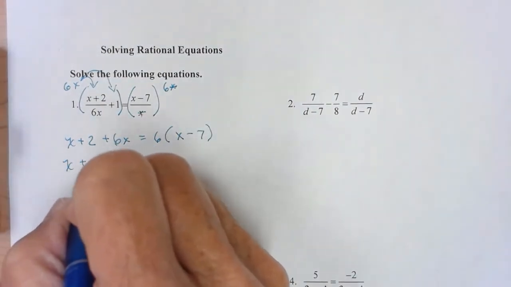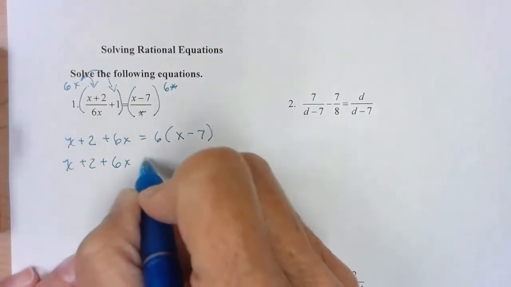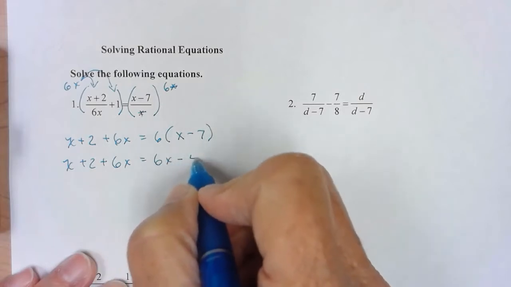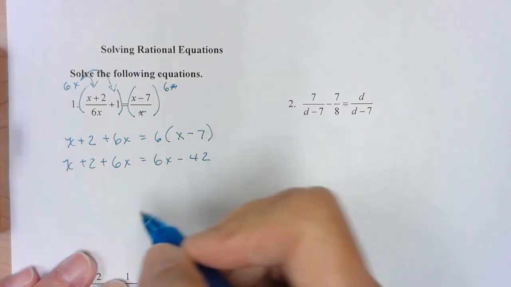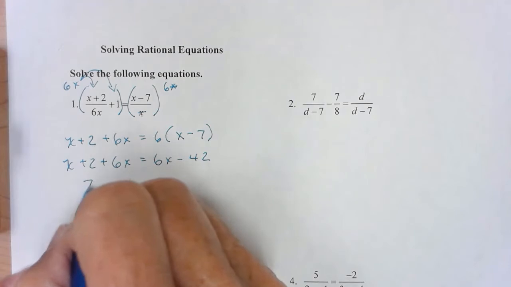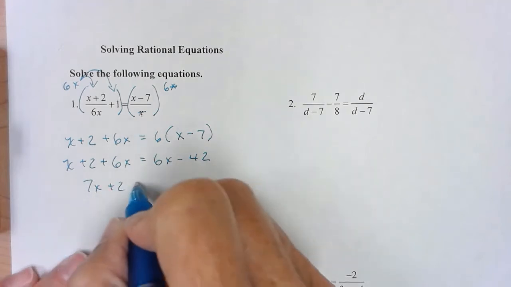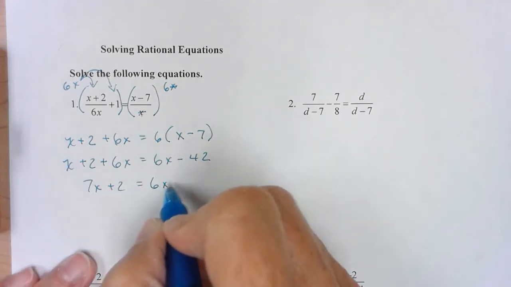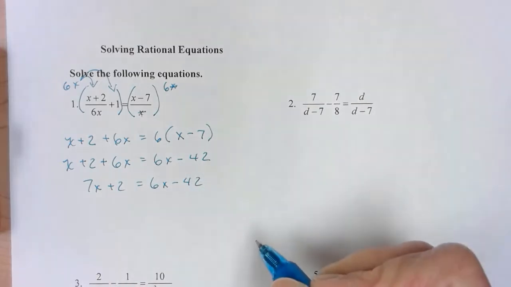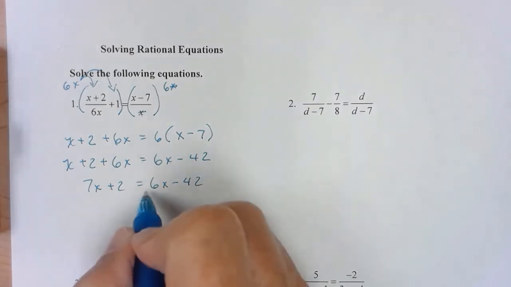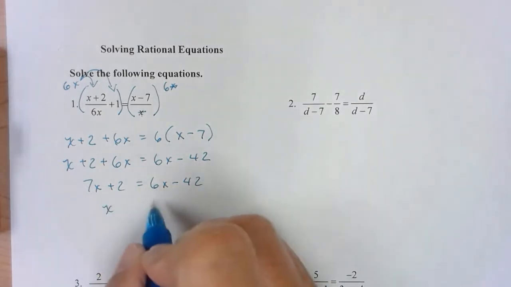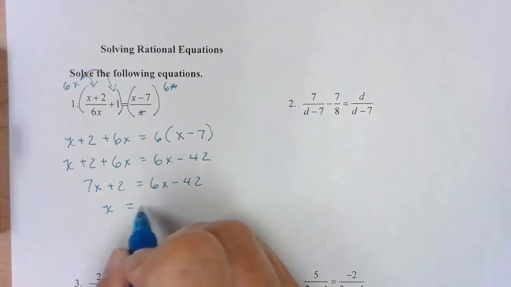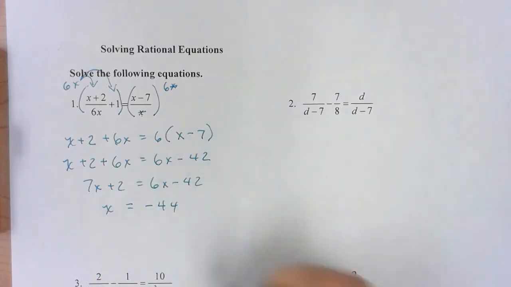So let's clean this up. Let me see, combine like terms. I guess I could have done that a little bit earlier, but I felt like distributing, so I did it. So subtract 6x from both sides, I get x. Subtract 2, I get negative 44.